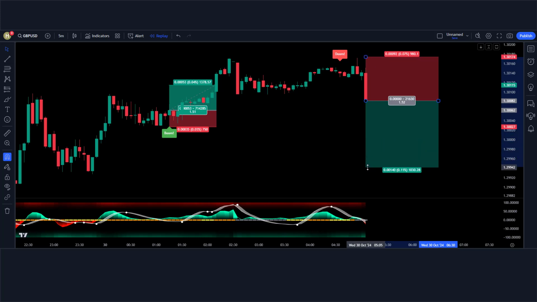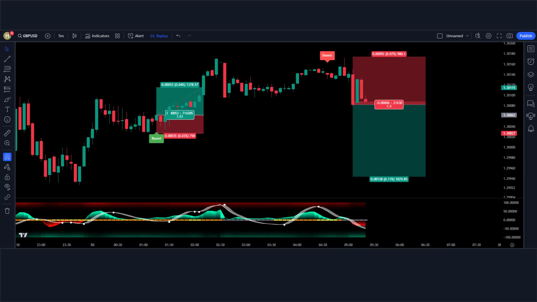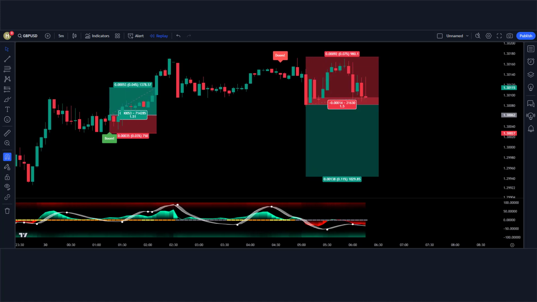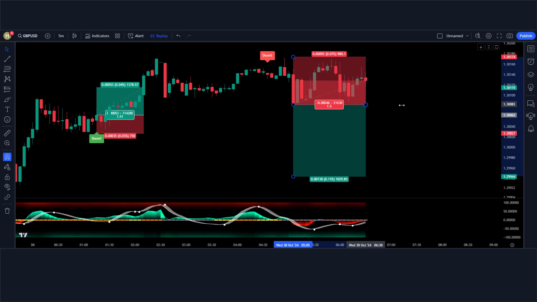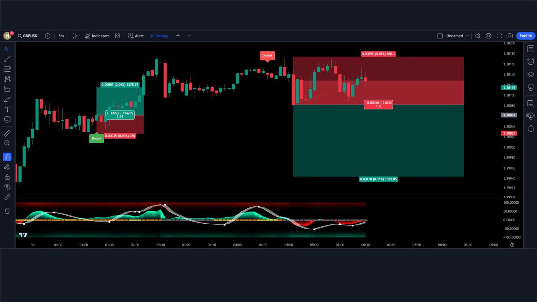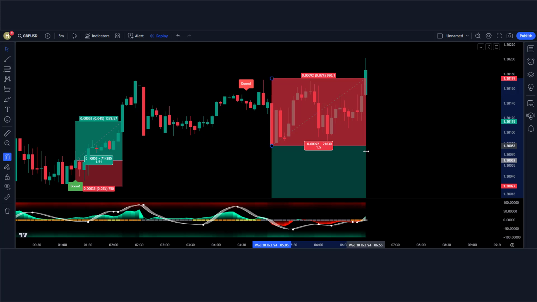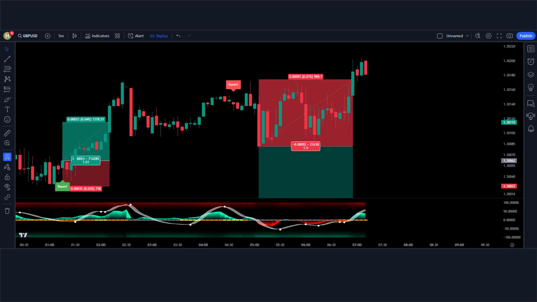And the risk to reward ratio will be 1:1.5. Let's see what happens to our trade. Our trade is running in profit. We have lost this trade. Never mind, sometimes it happens in the market. Wait for the next signal.